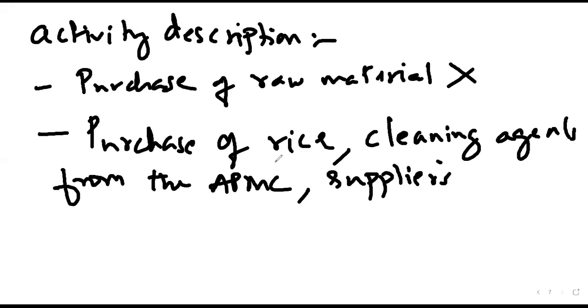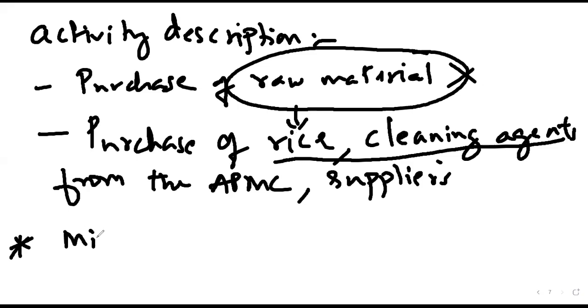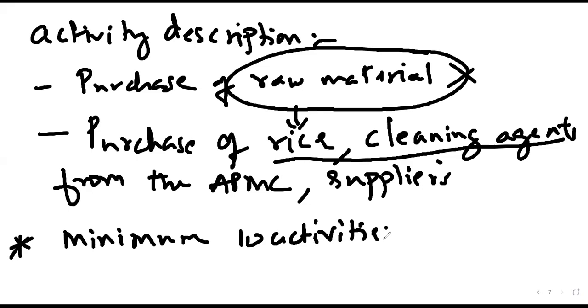So here it is very much clear that you are trying to purchase these things from the APMs suppliers. Rather than telling that you are just purchasing the raw materials, you can be specific. That is something which is expected. And the second thing is that a minimum of 10 activities has to be there in the project.